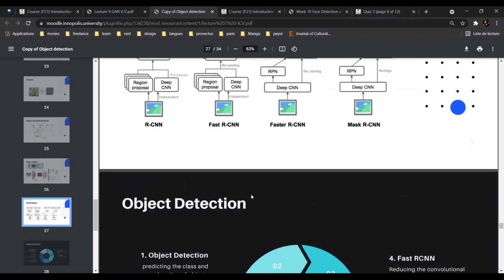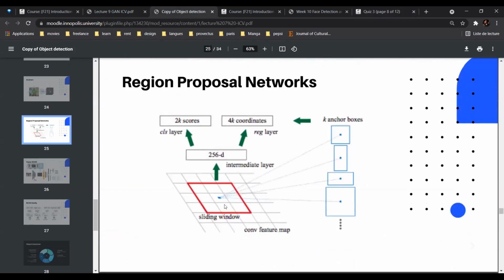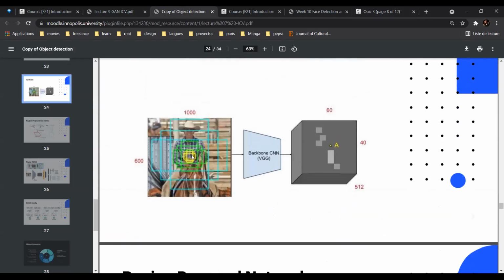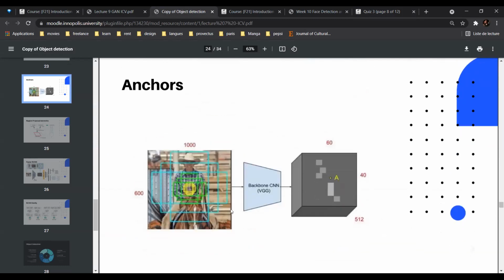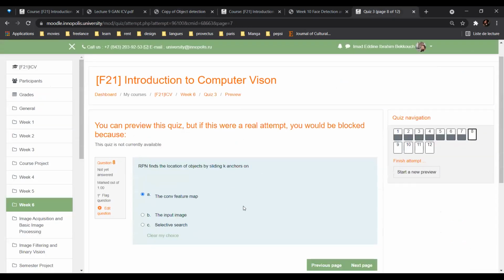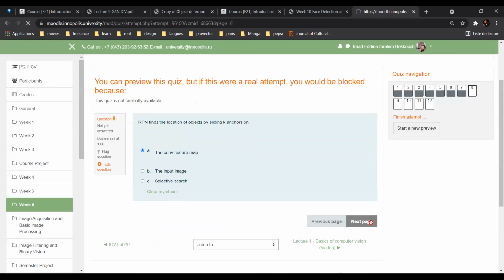If you come here, you see that we are working on the convolutional feature map. I put this question to make sure that you did not confuse this with sliding through the image, because in reality we are sliding at this point, and this is just a visualization of the area we are touching when we are working at this point. That's a very good answer.